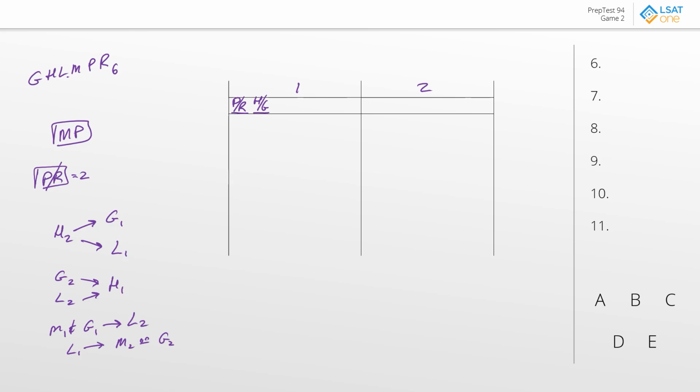For the record, though, when a rule says that if 2 elements are on one side, then the other element has to go on the other side, a simple common sense way to understand this restriction is to say that between M, G, and L, they can't all go into 1, or in other words, at least one of M, G, or L will have to go into 2.